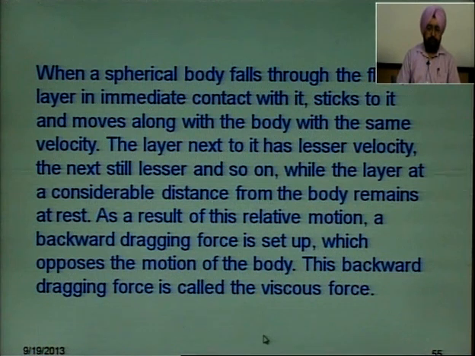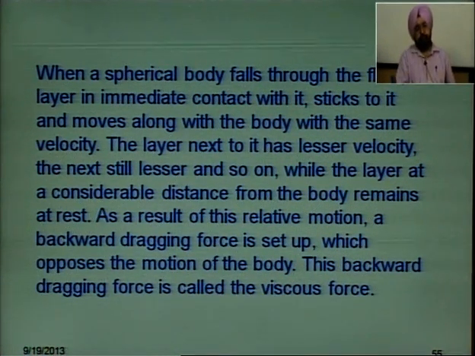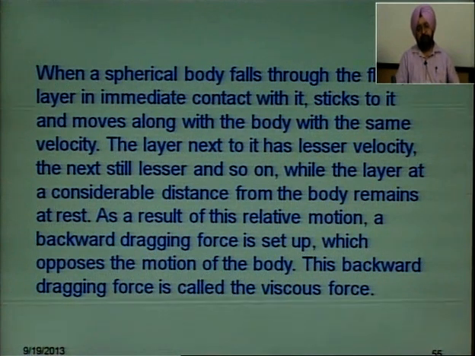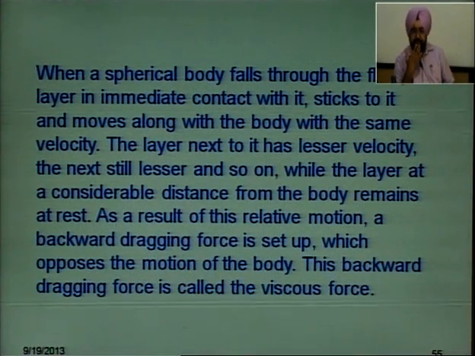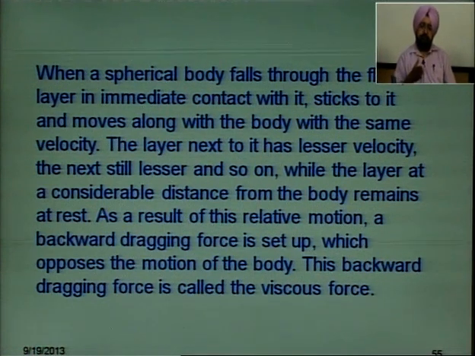When a spherical body falls through the fluid, the layer in immediate contact with it sticks to it and moves along with the body with the same velocity. The layer next to it has lesser velocity, the layer still next to it has still lesser velocity, and so on.